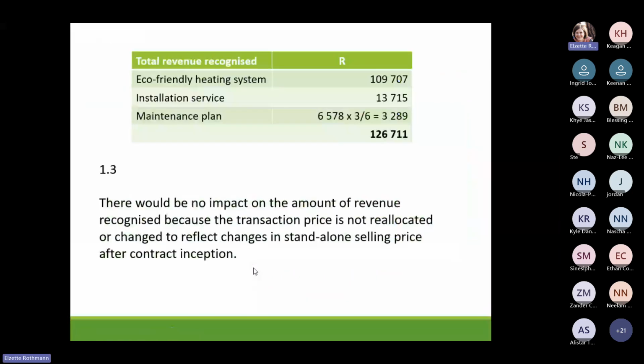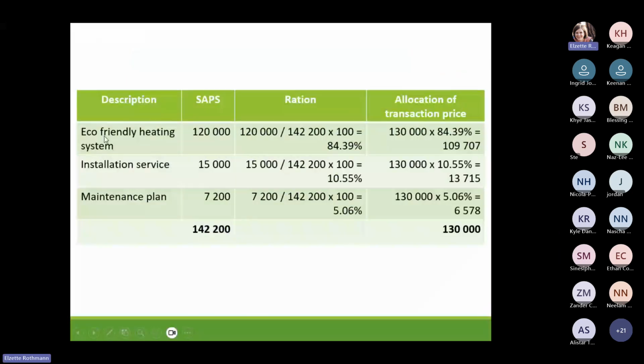So there you can see the eco-friendly heating system. So this is the standalone price for the system. So it's 120,000 plus the 15,000 plus the 7,200. Okay, if you add the 3 together, you get 142,200. Okay, so that is the price standalone, if you purchase each one separately.